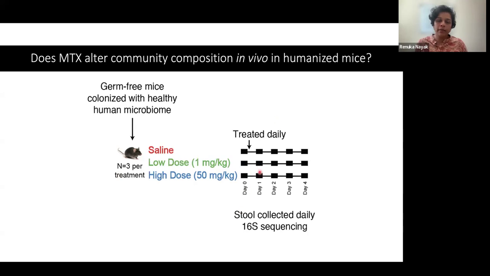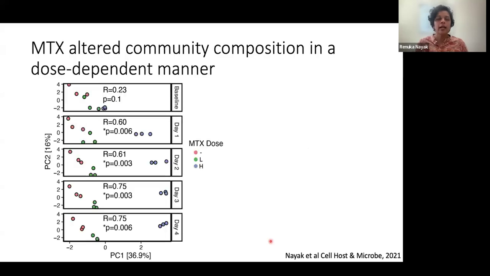So we treated these mice daily and collected stool daily, and then performed 16S sequencing that allows us to tell which microbes are present. And here I'm showing you what is called a principal components analysis plot. They are data reduction visualizations of high dimensional data.